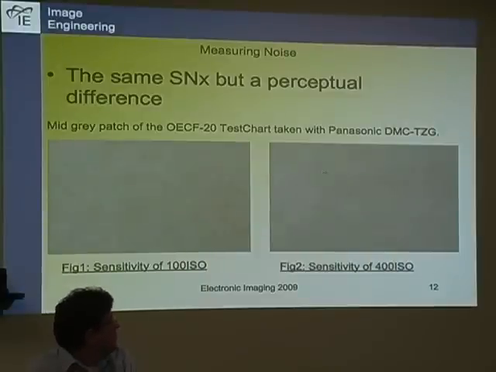This patch has a higher noise perception than the one on the left-hand side. So this signal-to-noise ratio measurement doesn't really relate to what we see in the images. Therefore, we were looking for a way to measure noise based on human perception.